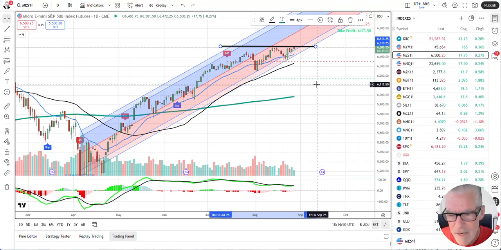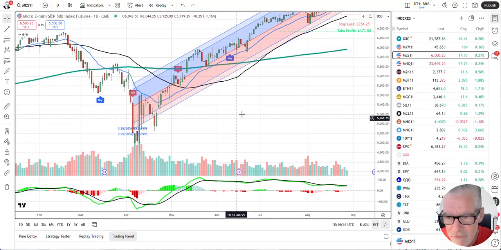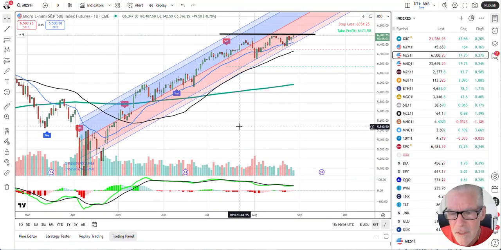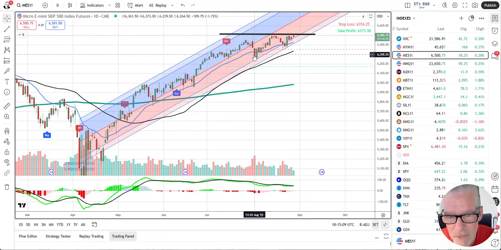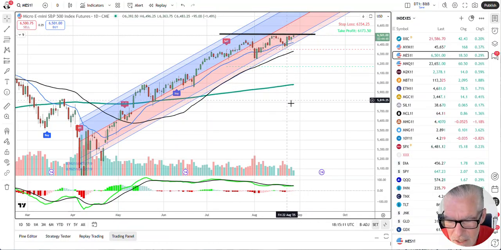We've been long ever since the early April drop, right in here on tariffs. The market has just not allowed us to put on any short positions or hedge positions. Maybe one or two along the way, right? We got a little squirrely right in here in late May. We got a little bit squirrely right in here in early August.